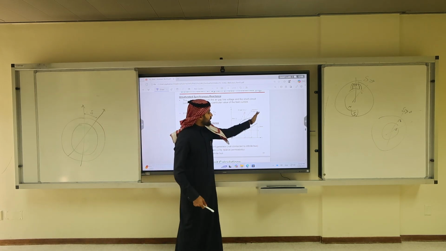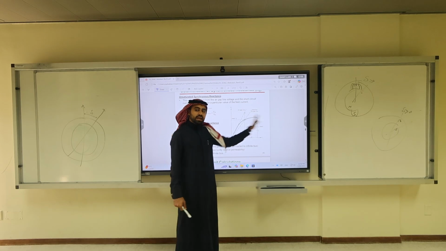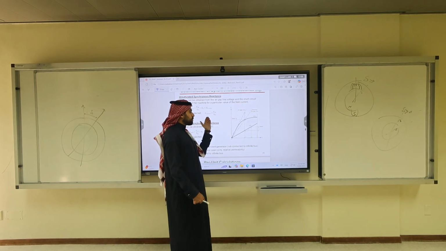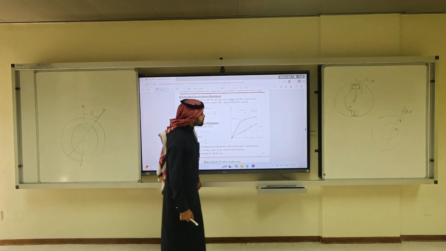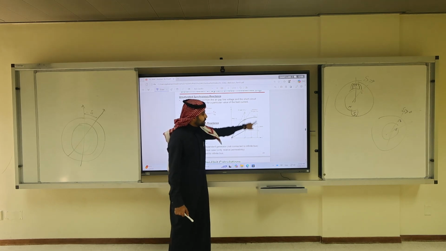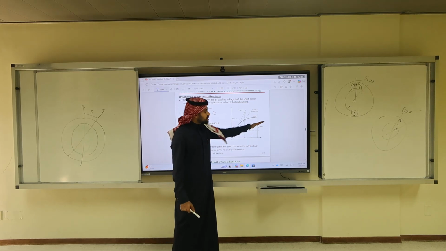So here we have the current. We have a double y-axis. Here for EF, and here for the current, the armature current, IA. And then we plot this line.